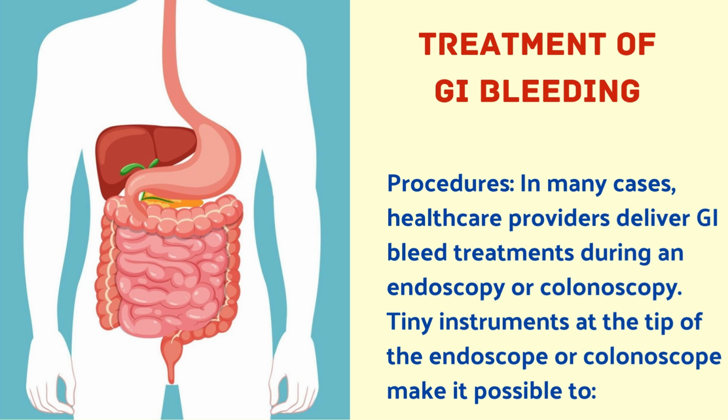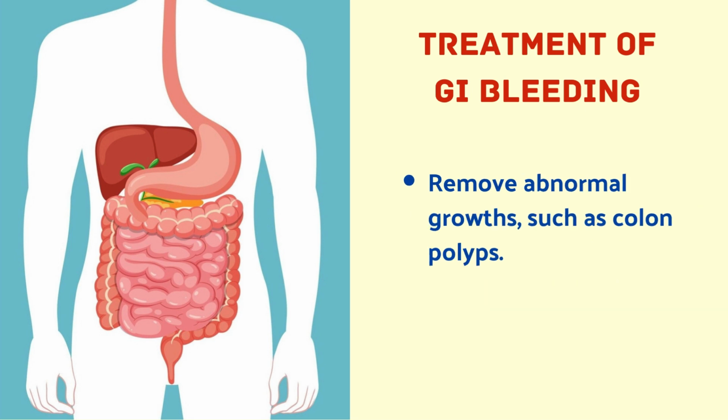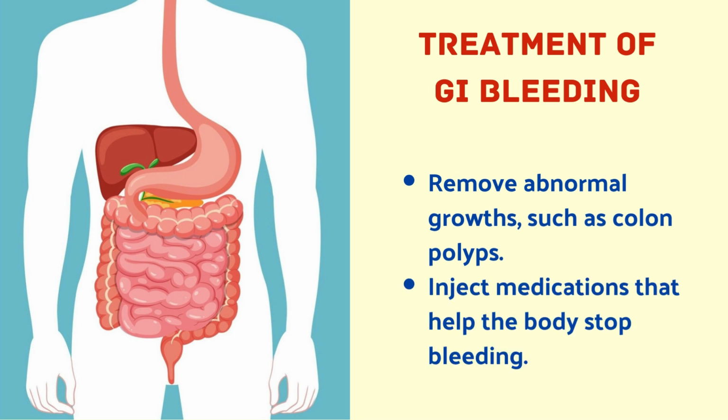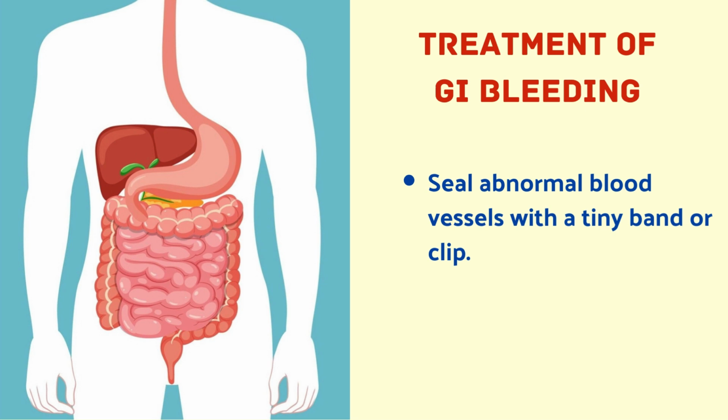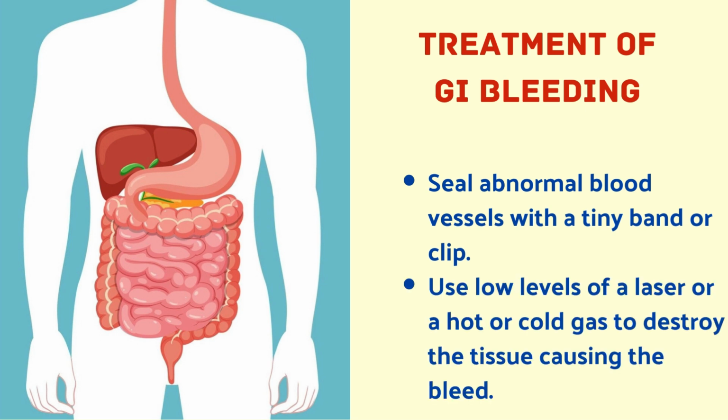Tiny instruments at the tip of the endoscope or colonoscope make it possible to remove abnormal growths such as colon polyps, inject medications that help the body stop bleeding, seal abnormal blood vessels with a tiny band or clip, and use low levels of a laser or a hot or cold gas to destroy the tissue causing the bleeding.